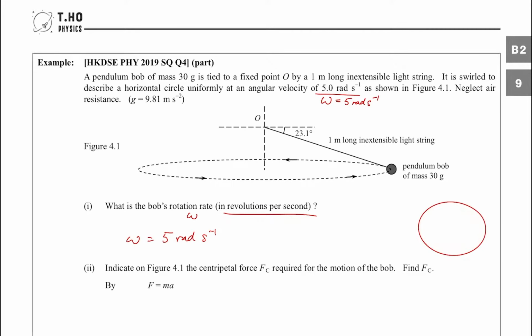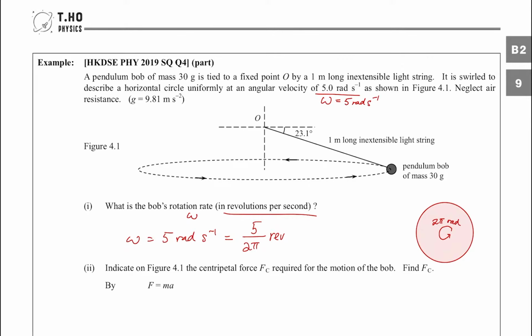We know that's a complete circle. We have 2 pi radian. So if you go for 2 pi radian, you complete one circle. Now the angular speed is 5 radian. So how many complete circles are there? We can calculate by dividing it with 2 pi.